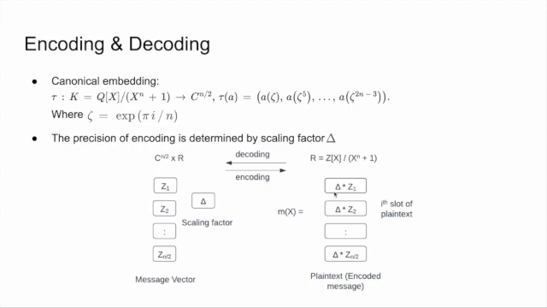So encoding involves mapping from the plain text to a polynomial in the CKKS polynomial ring, and in decoding we use mapping function tau and convert a polynomial into the plain text. After discretizing the input, we multiply those complex numbers with a scaling factor for better precision, so that we don't get any error on the encrypted data.